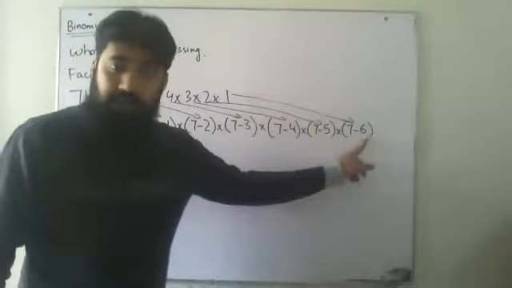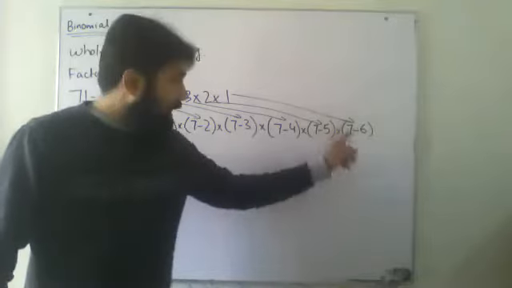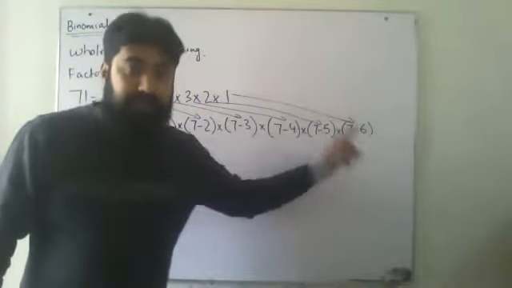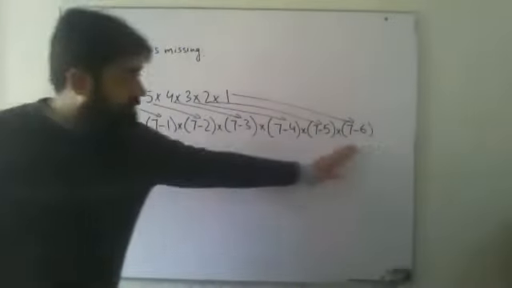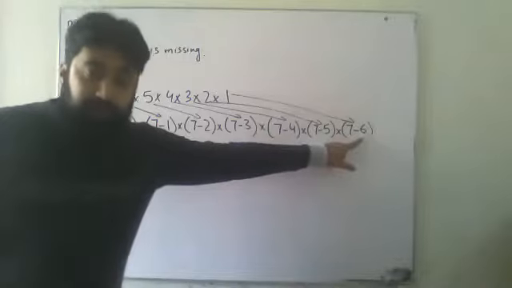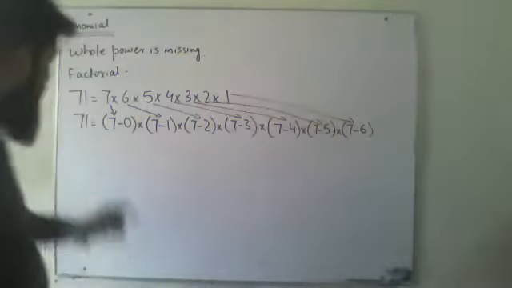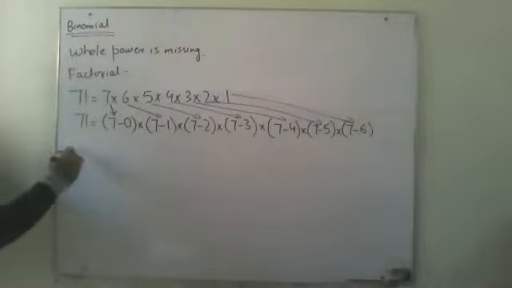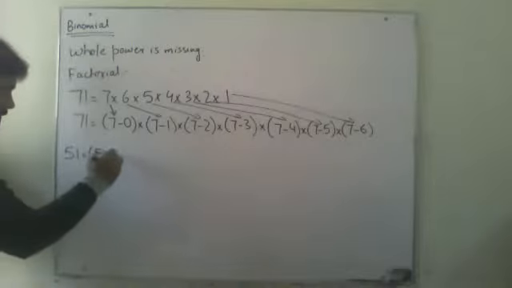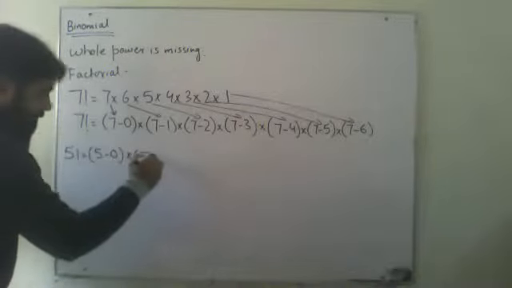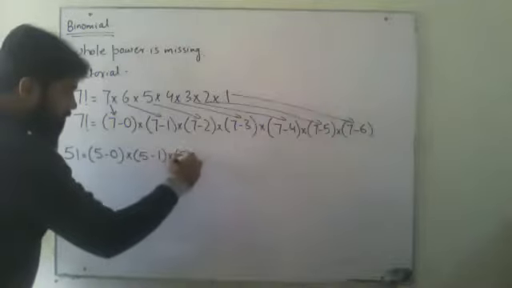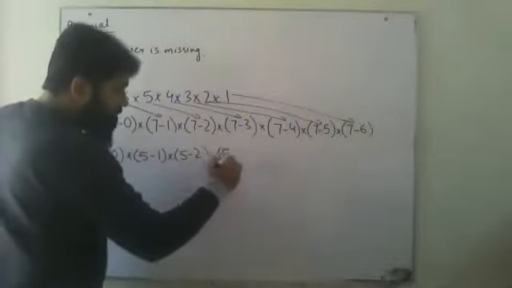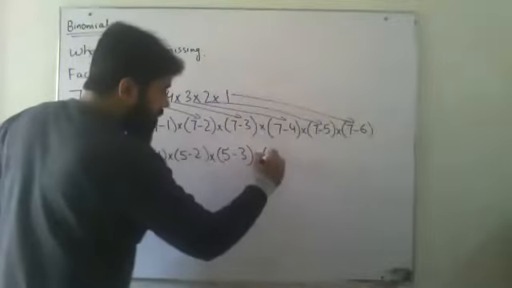Now see, first thing: the last number, which is over here, I haven't written 7 minus 7. I have stayed till 7 minus 6. It means when you are working with factorial, the last number which is being subtracted is always one number less than your given number. For instance, if I am writing 5 factorial, so 5 minus 0, 5 minus 1, 5 minus 2, 5 minus 3, 5 minus 4.